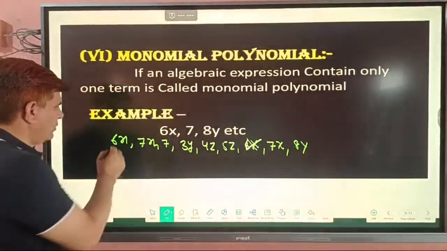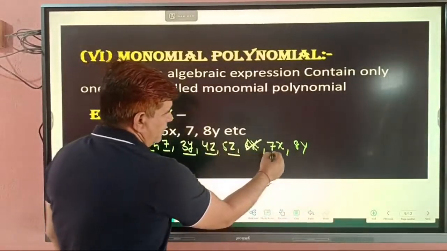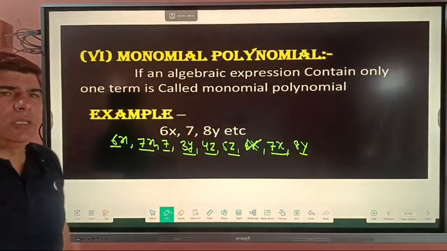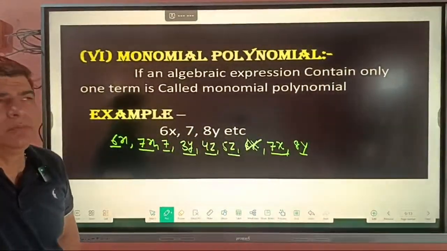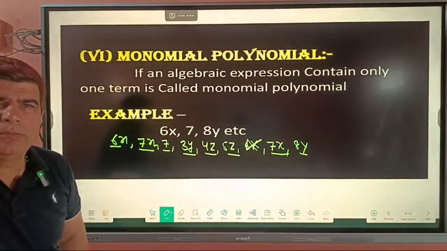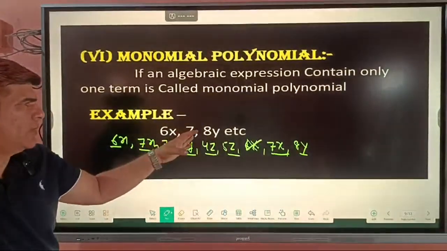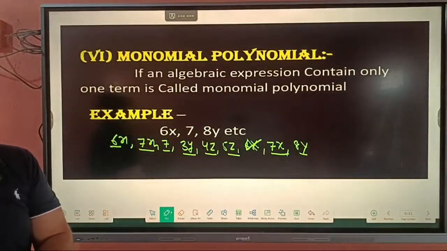How many terms? One term, one term, one. So monomial: if an algebraic expression contains only one term, it is called a monomial. Examples written: 6x, 7, 8y, all are examples of monomial.